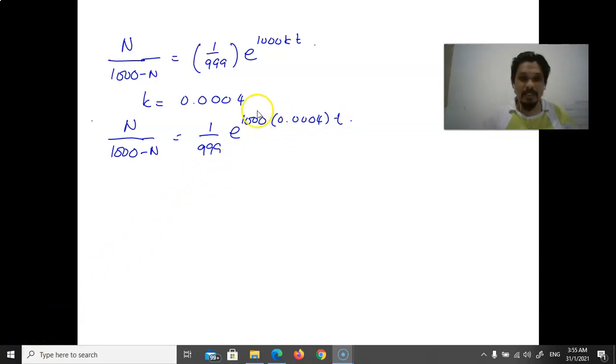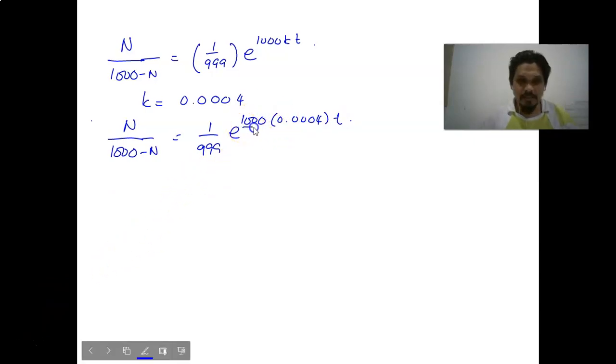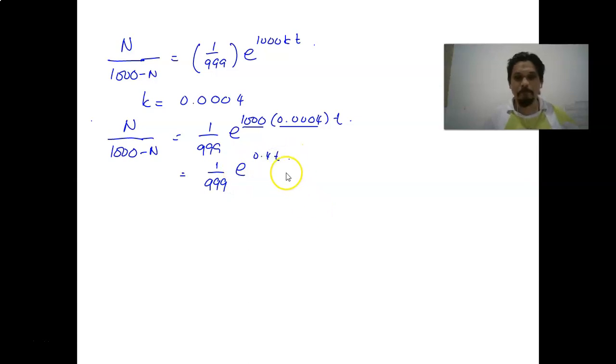Okay, class, so look at this. 1000 times 0.0004, which is 1 over 999 e power of 0.4 t.